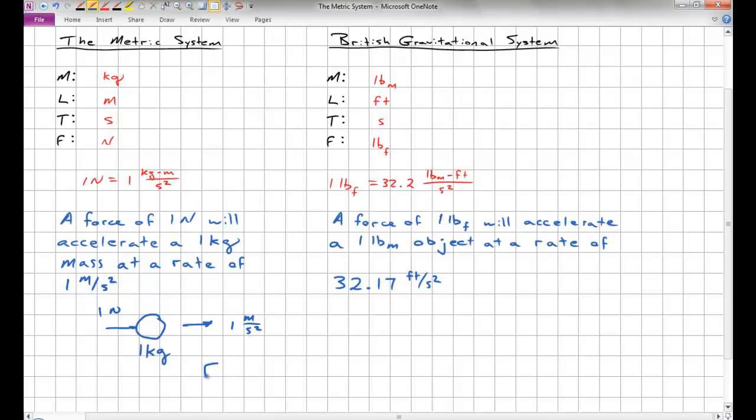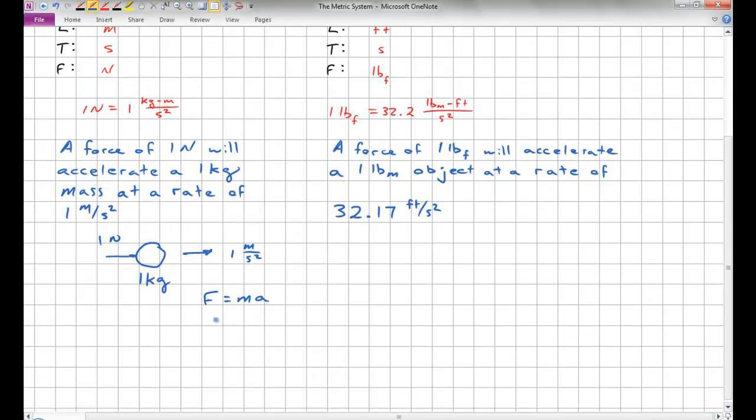And that simply arises from the fact that F equals ma. Let's solve for the acceleration. So the acceleration is the force divided by the mass.